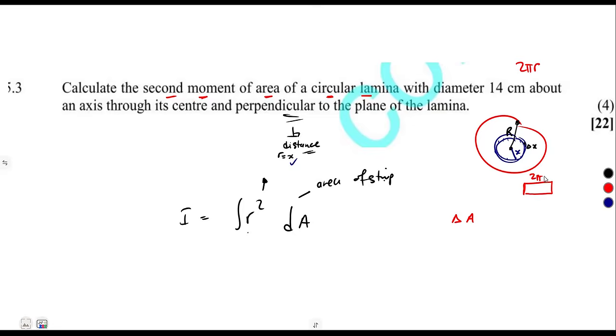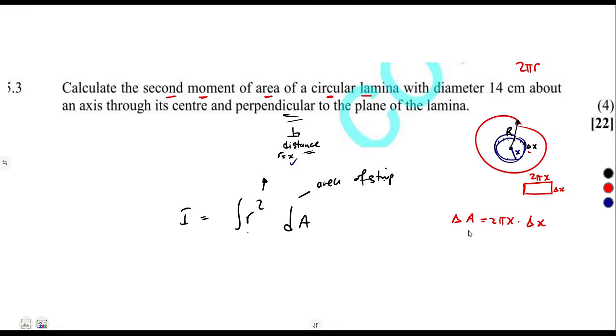So it's 2 pi x times delta x, which is the thickness of the strip. Length times width gives the area, so that is 2 pi x times the thickness.